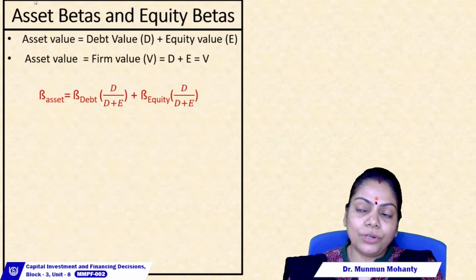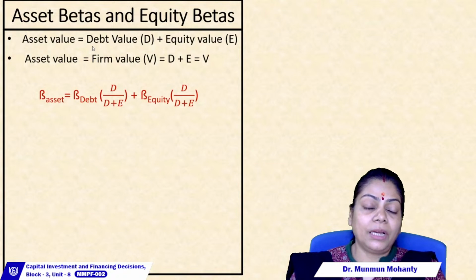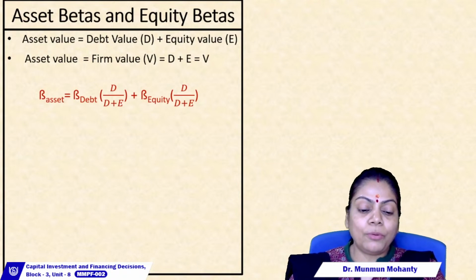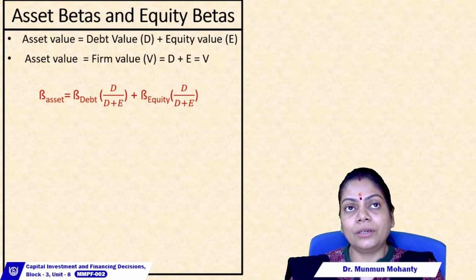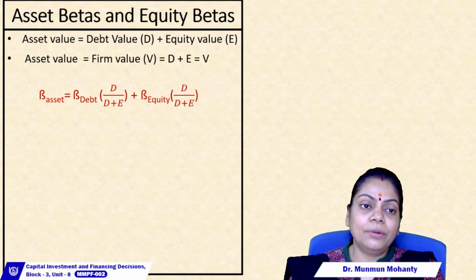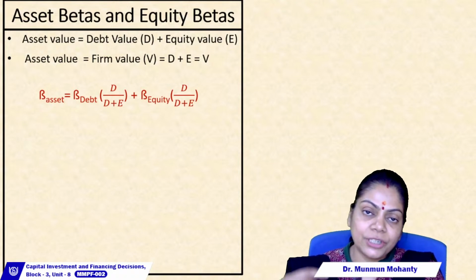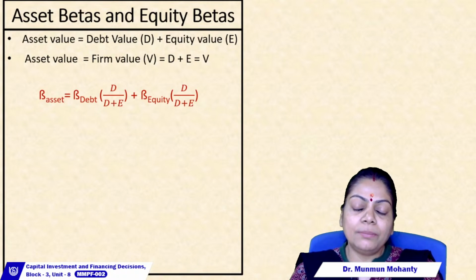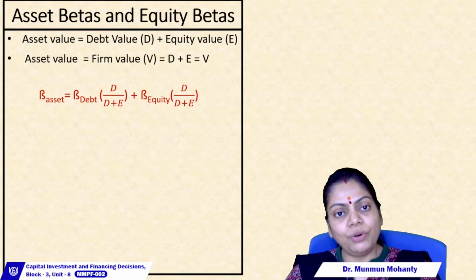Now, when we talk about these project betas, we have to talk about something called the asset beta. Suppose I'm talking about a company whose total funding is debt and equity. There are no other funding sources available, only debt and equity. If I am the whole owner of this particular company, I own 100% of the company, then obviously my company's value is nothing but the debt value plus the equity value.